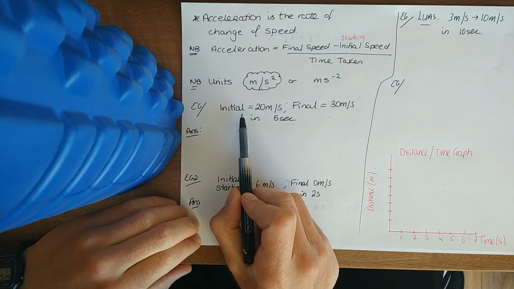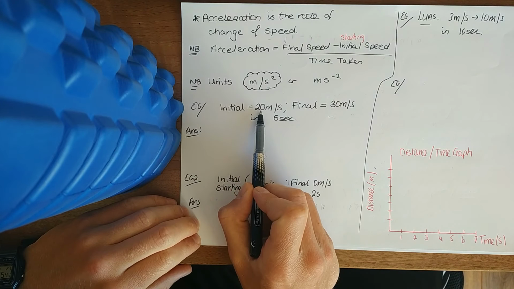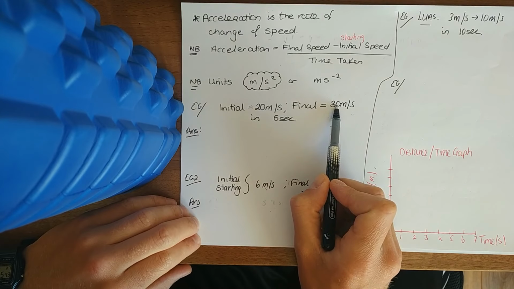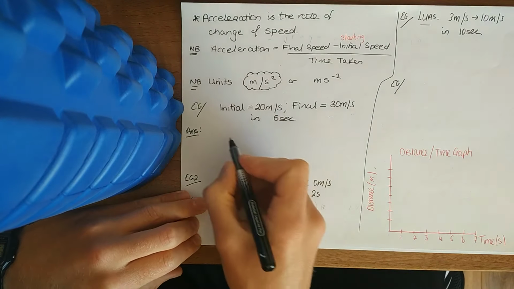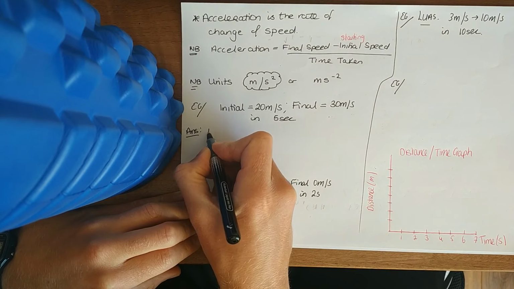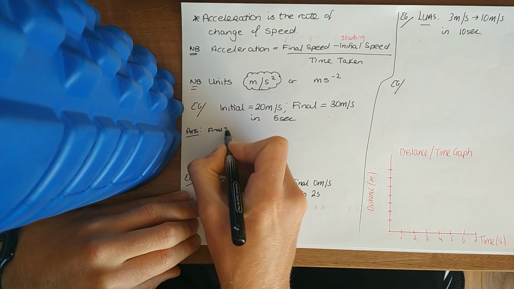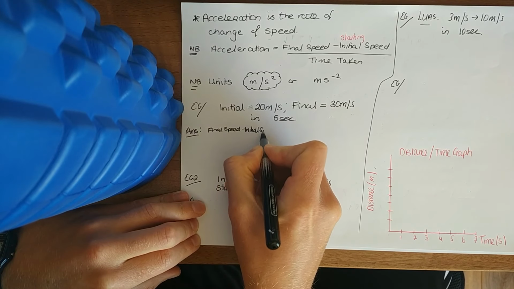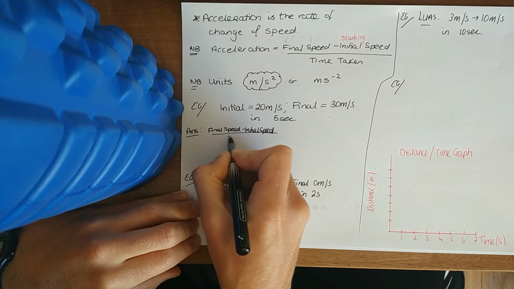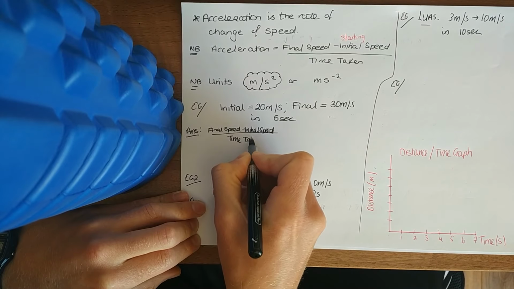So this one says a car's velocity changes from 20 meters per second to 30 meters per second in 5 seconds. Find the acceleration. So I'd always start by writing down your formula. It's final speed minus my initial speed or my starting speed, over time taken, how long it took.